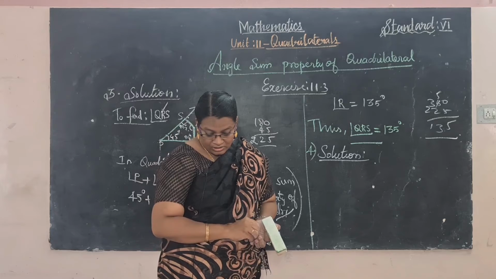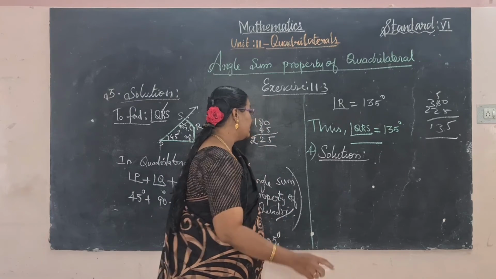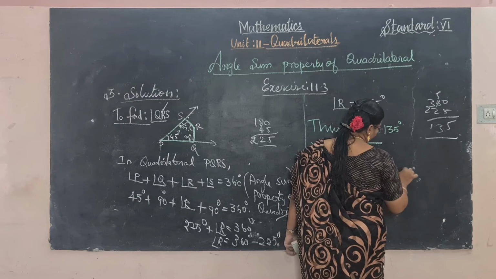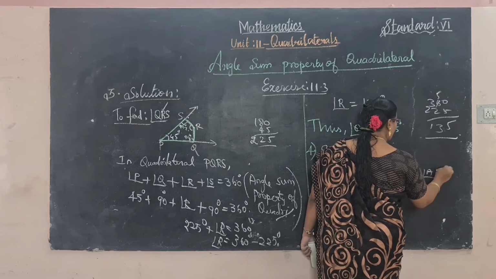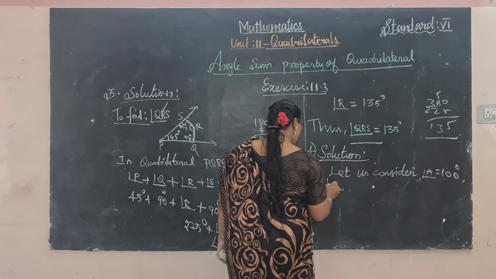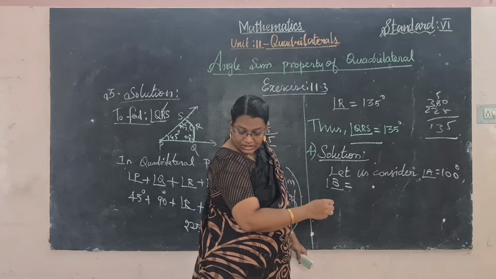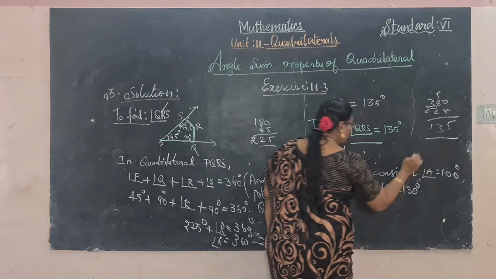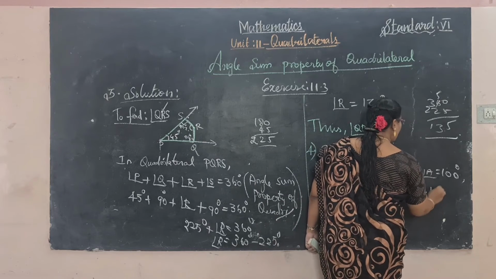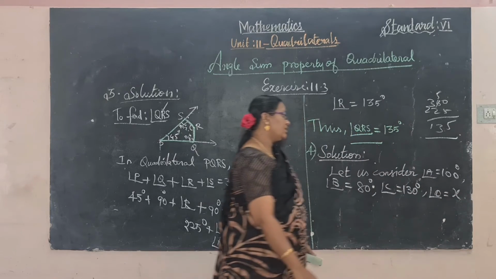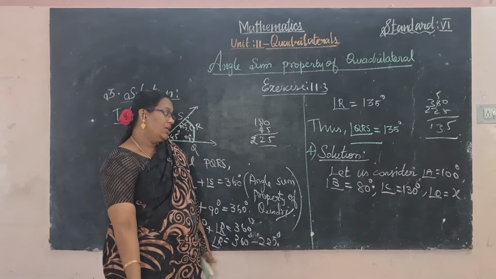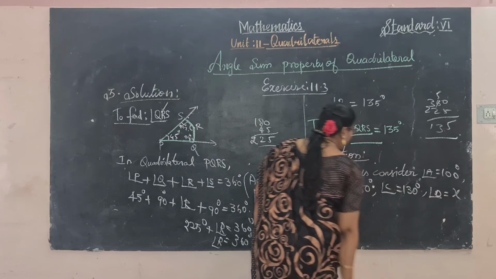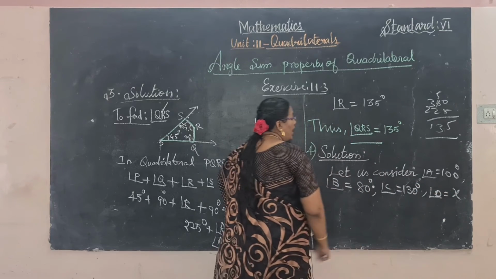Let us consider angle A is 100 degree, angle B is 80 degree, angle C is 130 degree, and angle D is x degree. Now we have to find the value of angle D.